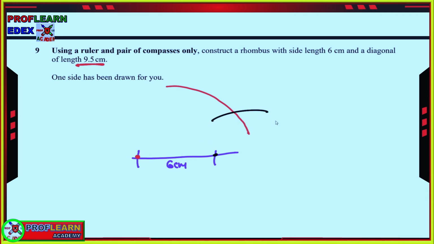So this arc is 6 centimeters, this arc is 9.5 centimeters. Then again from this point, draw an arc of 9.5, and from this point in red, draw an arc of 6 centimeters. Where they meet, you can join to obtain your beautiful rhombus.